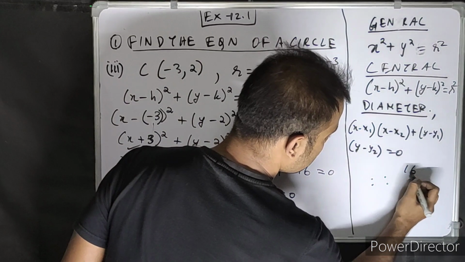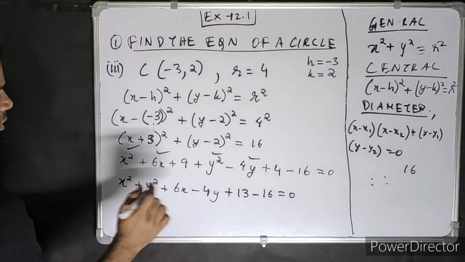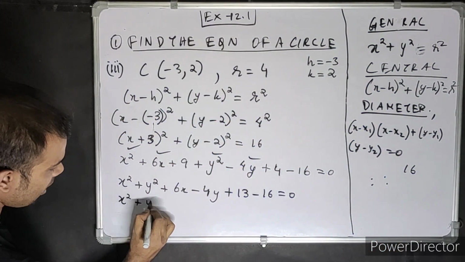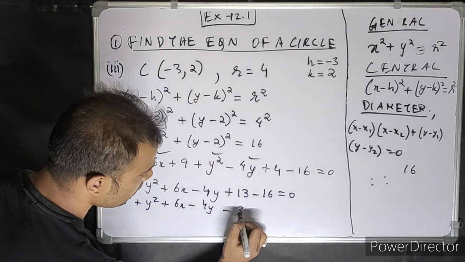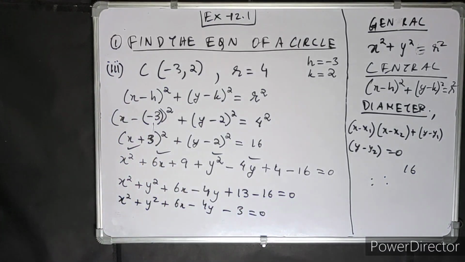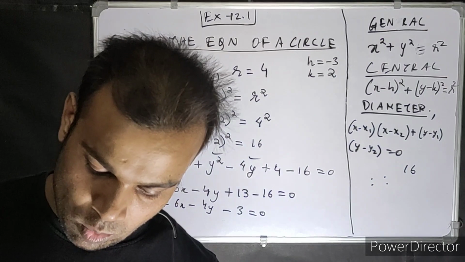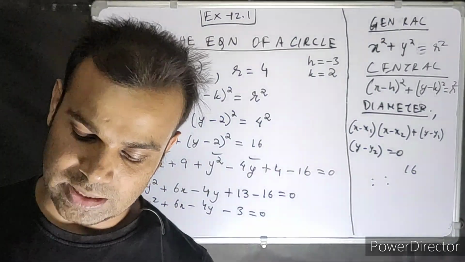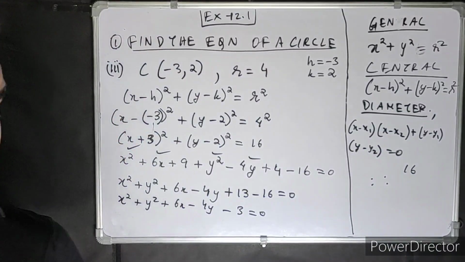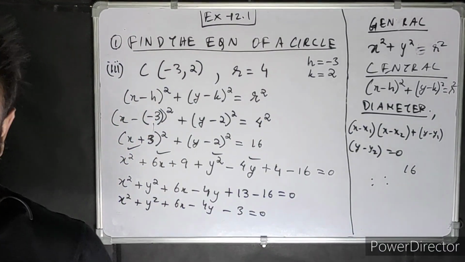Now subtract: 16 minus 13 is 3. So x square plus y square plus 6x minus 4y minus 3 is equal to 0. That's the equation of the circle. Let me confirm that answer for you. Part 3, correct answer: x square plus y square plus 6x minus 4y minus 3 is equal to 0.